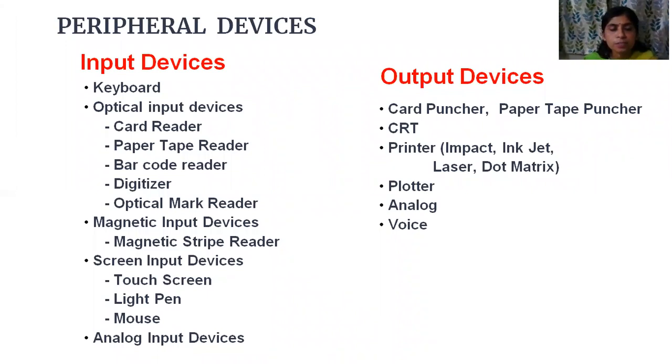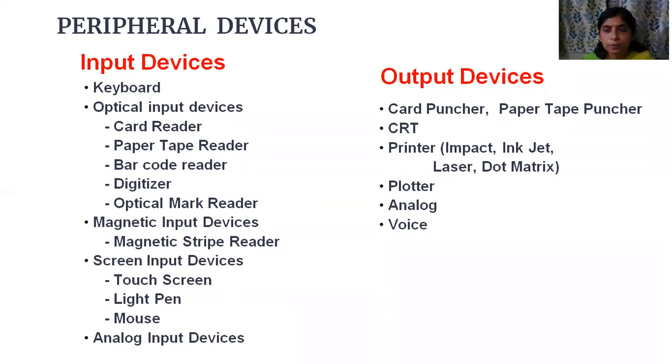Peripheral devices means input units and output units. Input units are keyboard, optical input devices, for example card reader, paper tape reader, barcode reader, digitizer, optical mark reader. Then magnetic input devices, magnetic stripe reader, screen input devices, light pen, touch screen, mouse.